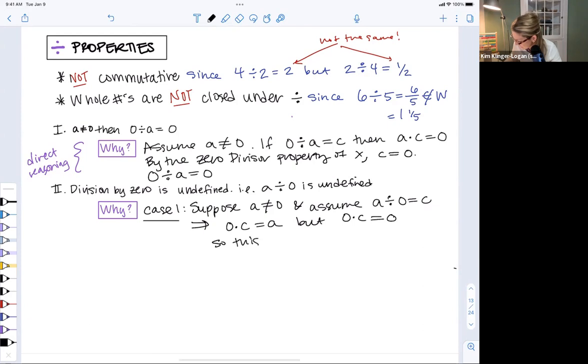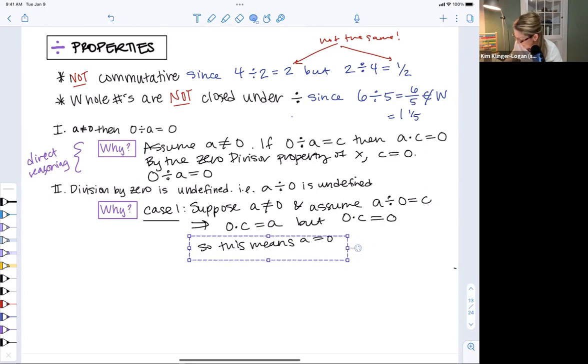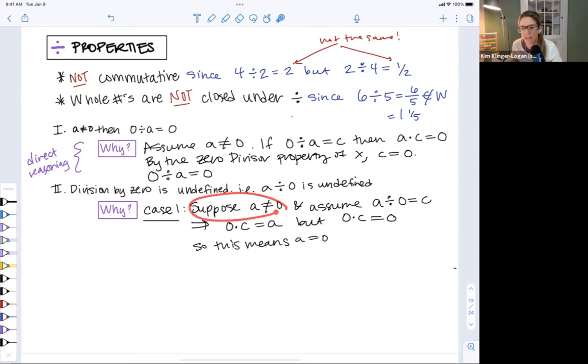So this means A is equal to 0, right? 0 times C is A, and it's also 0, so A has to equal 0. And if A is 0, well, that's a problem because I assumed it wasn't 0. This is what we call a contradiction. If I suppose one thing is true and I show that it's in fact false, I get a contradiction. And so this also has to be false.